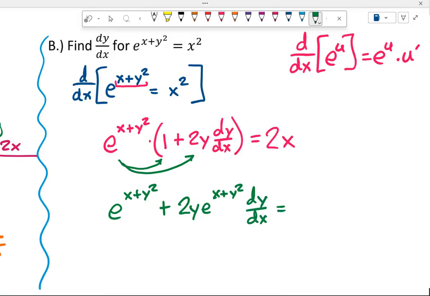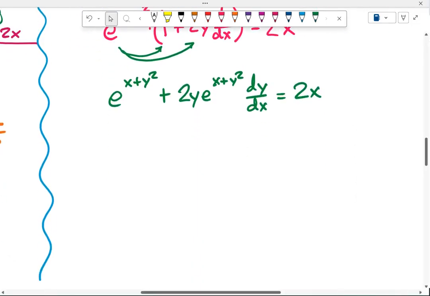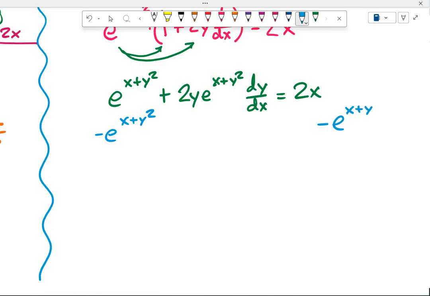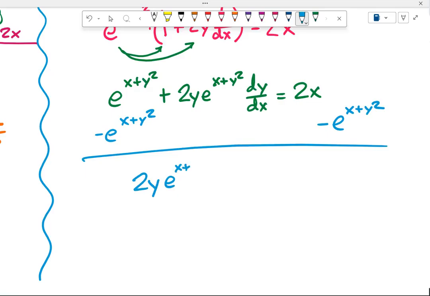We're just multiplying it in. Now, can I isolate it a little bit easier? What do I need to do? Subtract that first e. So minus the e to the x plus y squared on both sides. That will leave me 2y e to the x plus y squared dy dx equals 2x minus e to the x plus y squared. And then we're almost done.